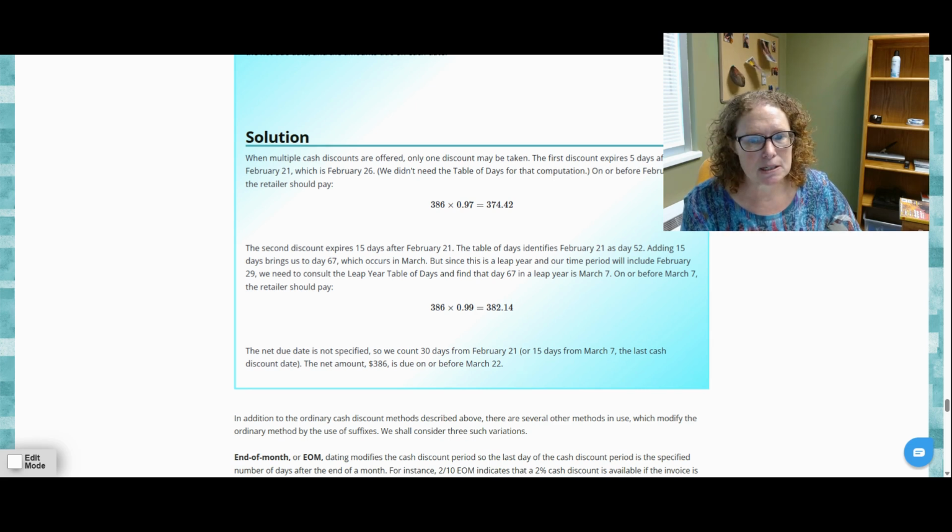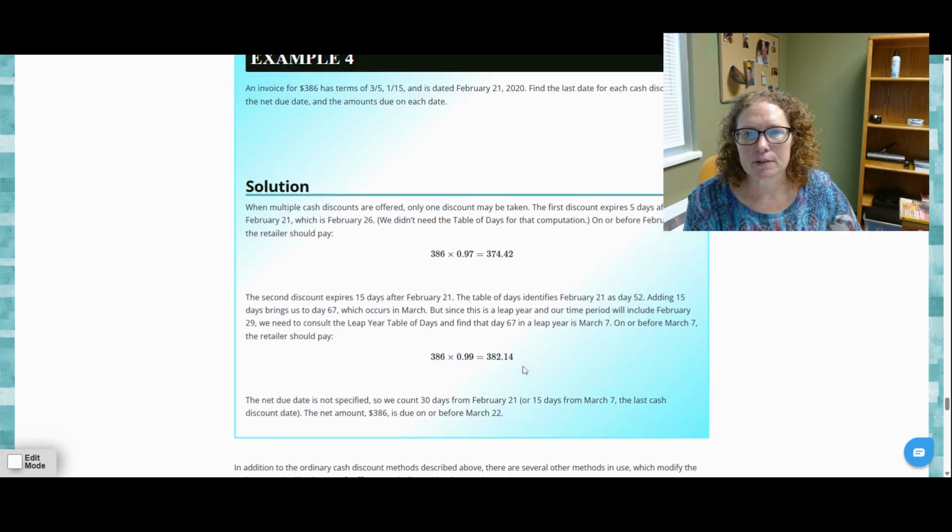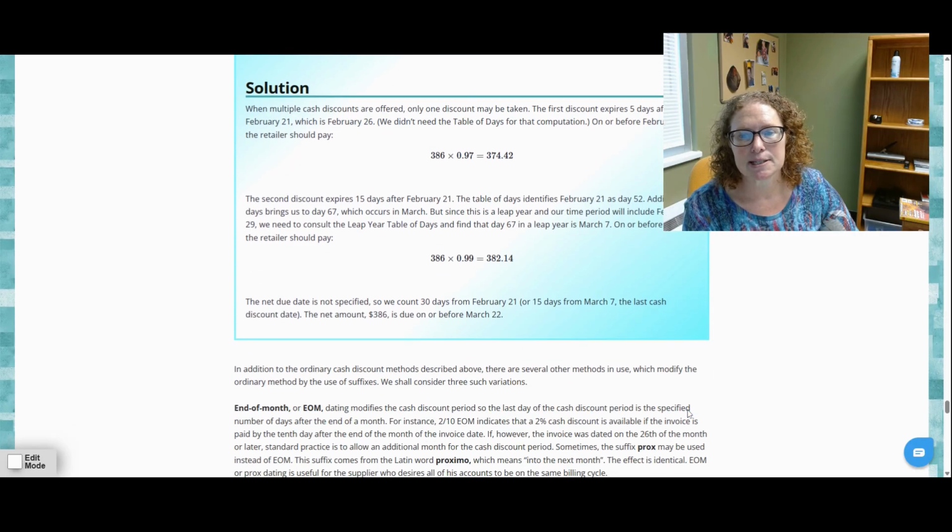The net due date is not specified, so we count 30 days from February 21st, or 15 days from March 7th, the last cash discount date. So the net amount of $386 would be due on March 22nd.